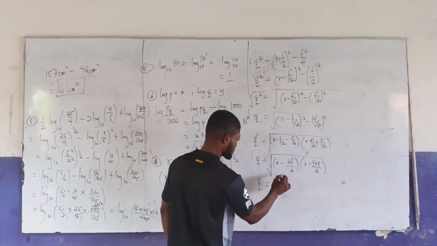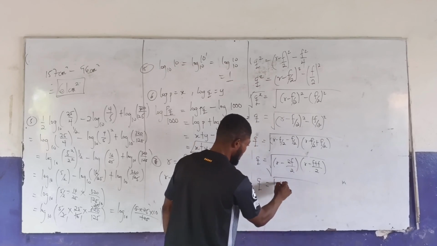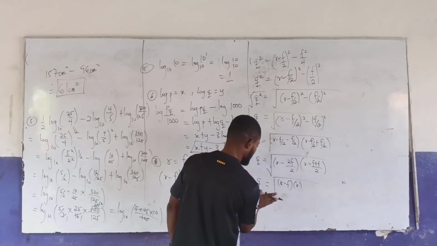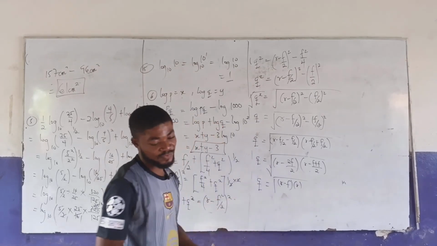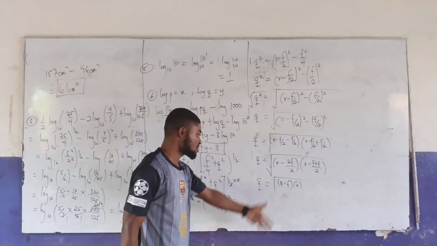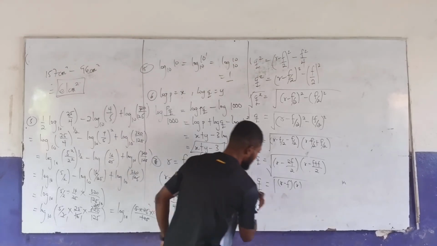So Q is equal to the square root of R minus F by R. So this is the final answer that we are supposed to get. So you get R squared minus RF. This is the final answer.